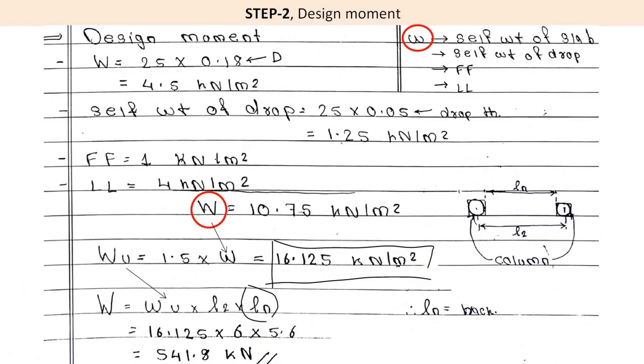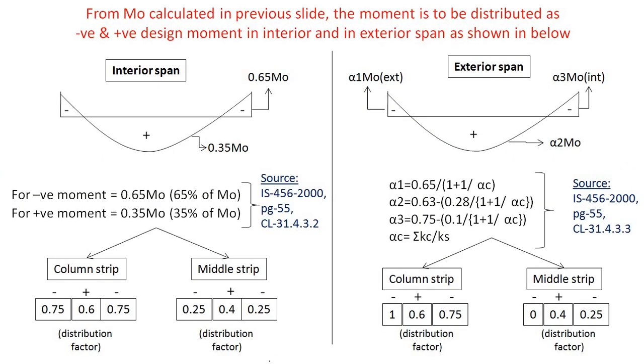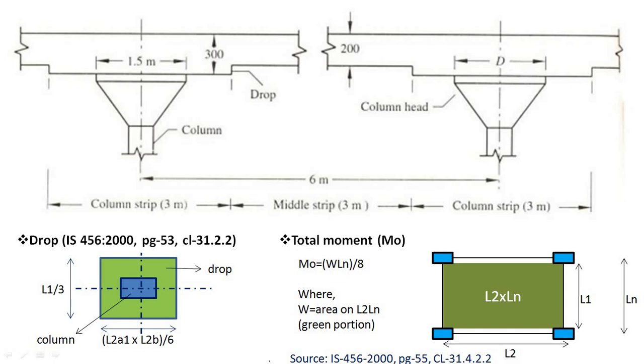So we have placed here 5.6 as Ln, and we have found the value of capital W as 541.8 kilonewton. Moving on, now we have to calculate M0. The final step for the main thing is M0 is equal to W Ln by 8.